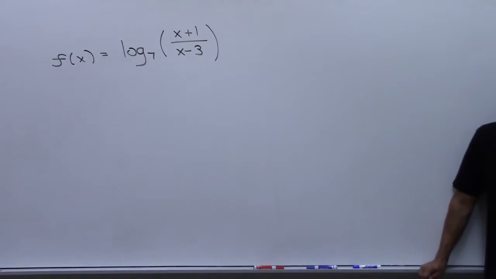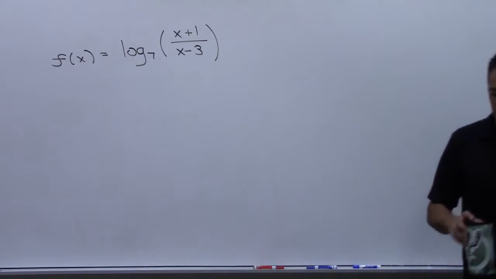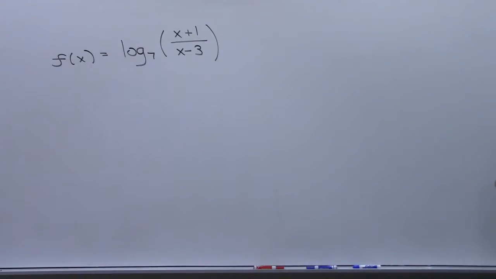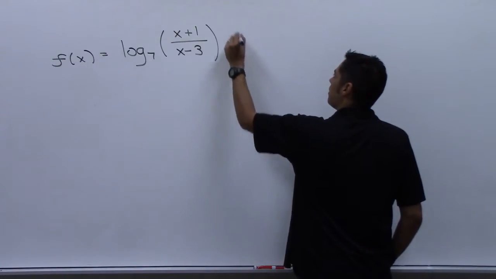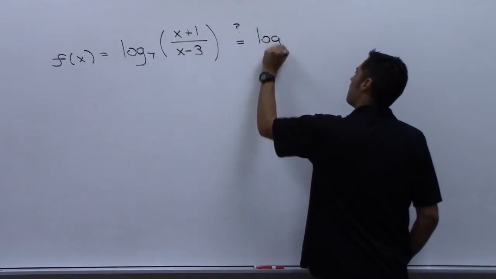Yeah. How? Well, it's just going to be log base 7 of x plus 1, and then minus log base 7 of x minus 3. That's a really good question. Let me just put this with a question mark for right now, okay?